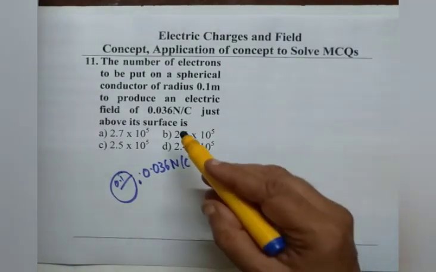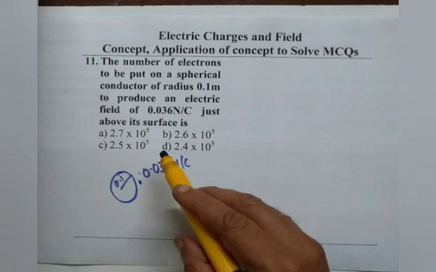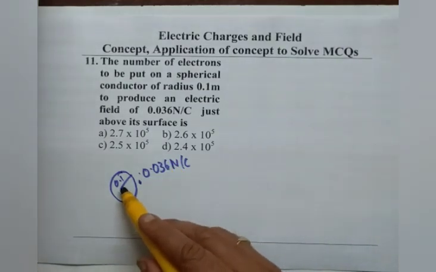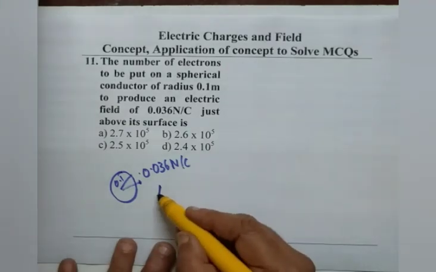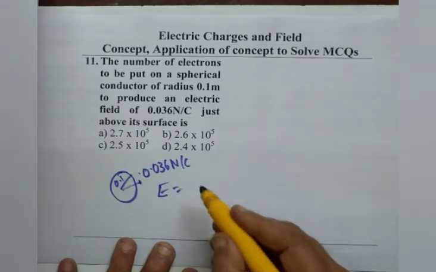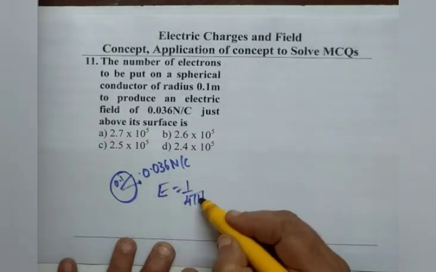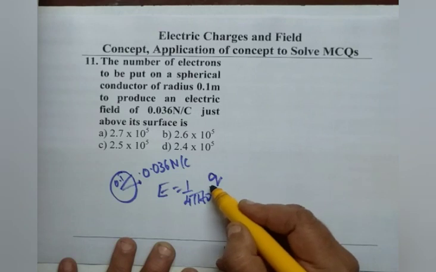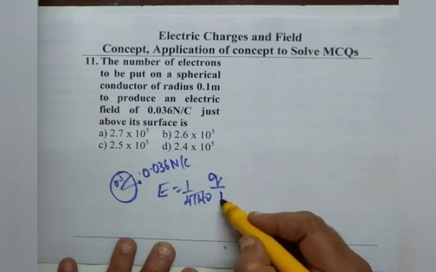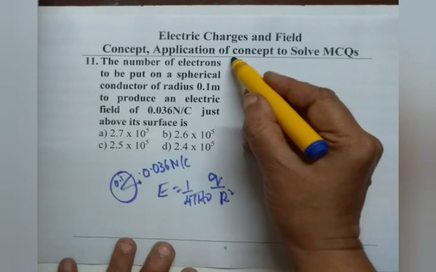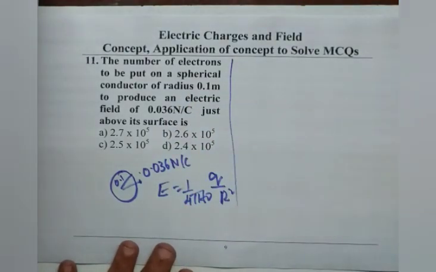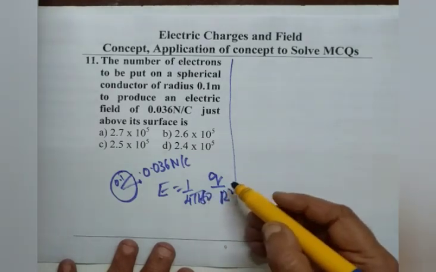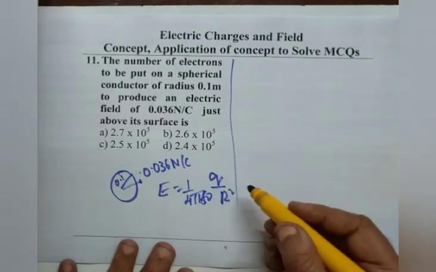As it is given, just above its surface, we can take the distance from the center to this as the radius only. Therefore, the electric field on the surface of the spherical conductor can be written as 1 by 4 pi epsilon naught, q, the charge on the sphere, by r square, the radius of the sphere. Now we are given the electric field 0.036. 1 by 4 pi epsilon naught is known. Q is to be calculated. Radius is given. We substitute.